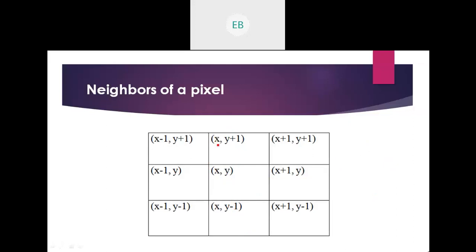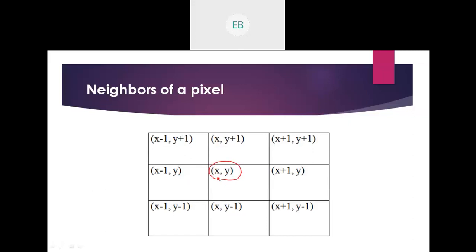Then now we talk about diagonal neighbors. Okay, so these are horizontal, these are vertical. Okay, now what is diagonal? What do you understand by the concept of diagonal? Suppose this is the pixel.